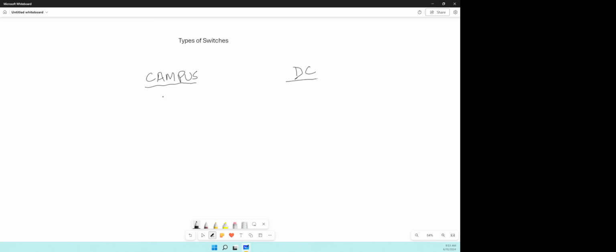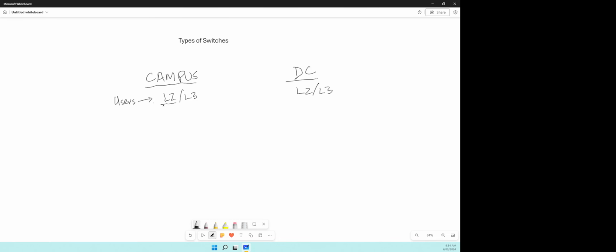After that, the major difference is, okay, are they going to be layer 2 or are they going to be layer 3? So this is true for campus as well as data center. Layer 2 is most applicable on access layers where your users are going to be connected.